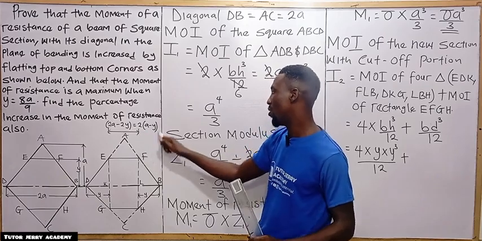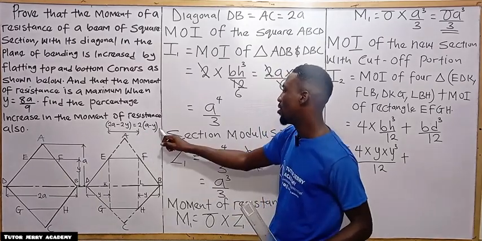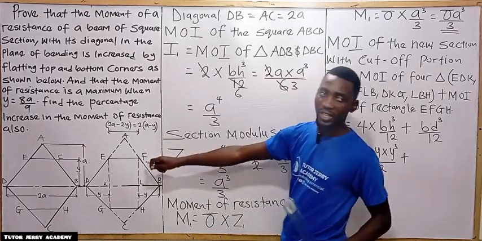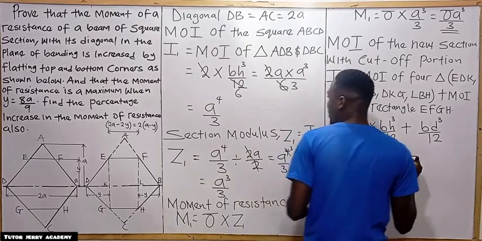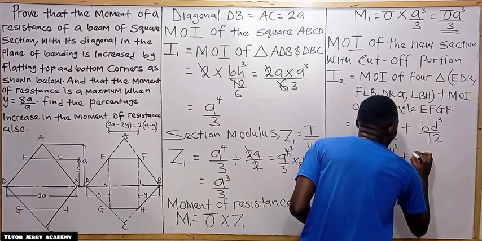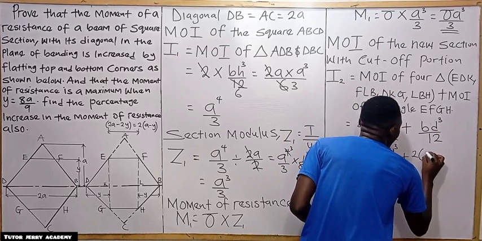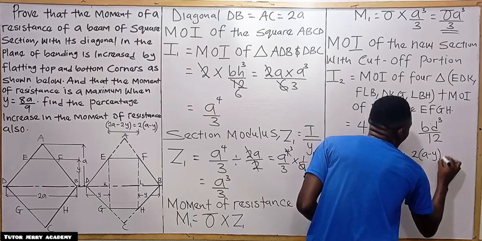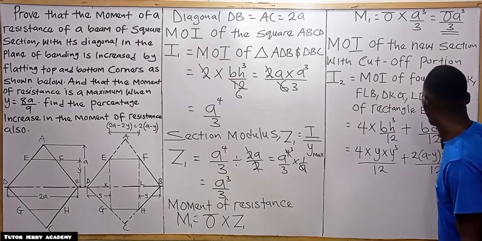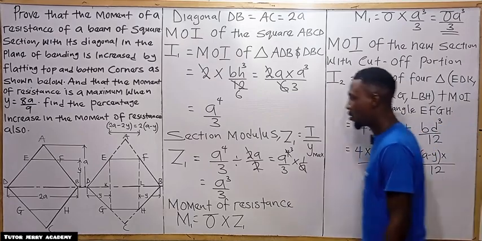Then factor out 2, we are going to have 2 into a minus y, which is the base of the inscribed rectangle. Multiply by the depth of this rectangle. Now let's look at it.